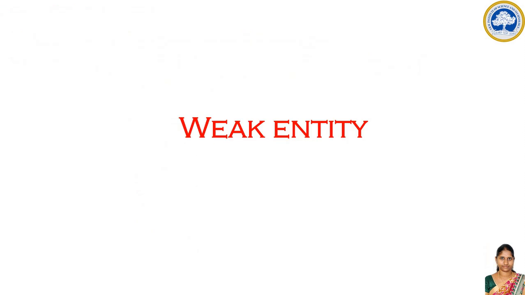When we are talking about the entity, another type of entity is there, which is called the weak entity. Why are we calling this entity a weak entity? We know very well all the entities are going to be identified with a unique representation, and that unique representation attribute is called a primary key.